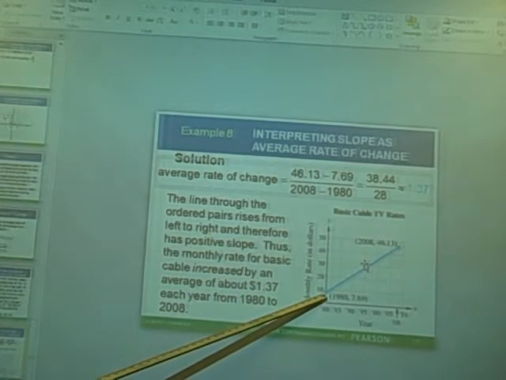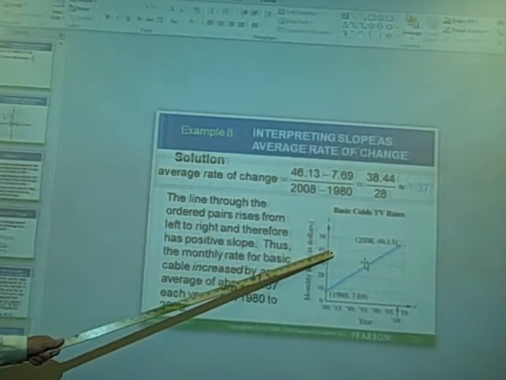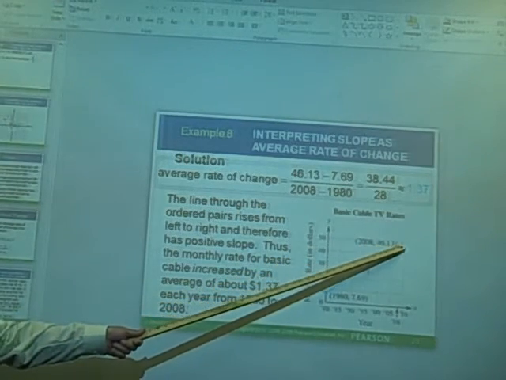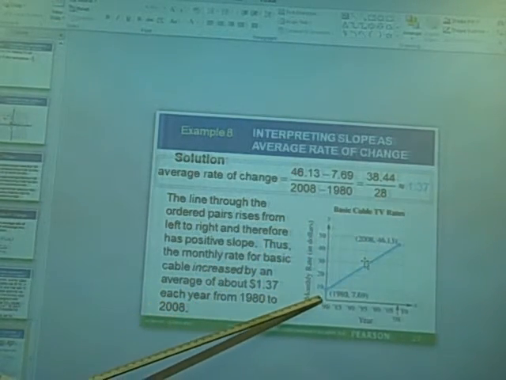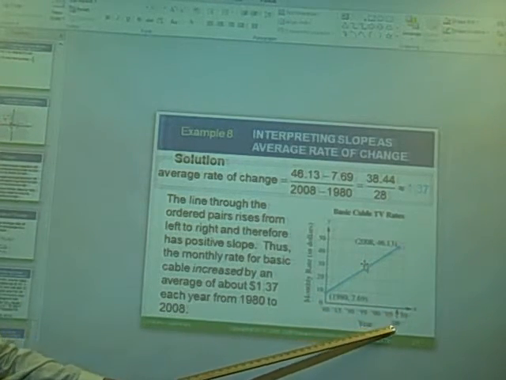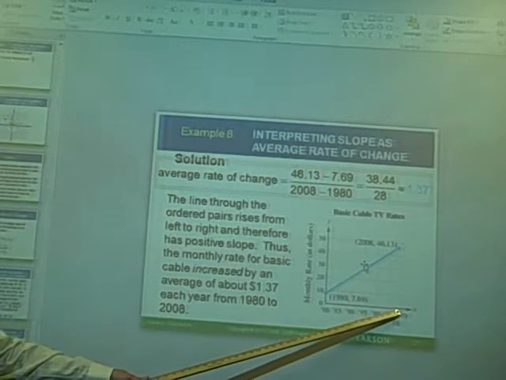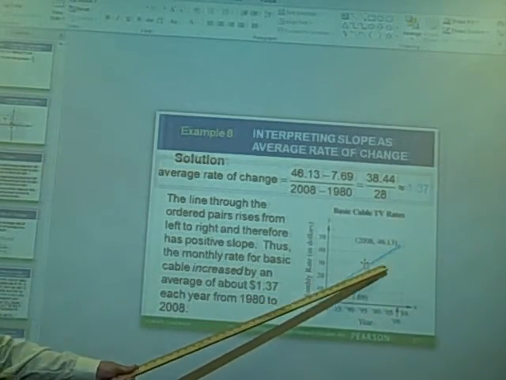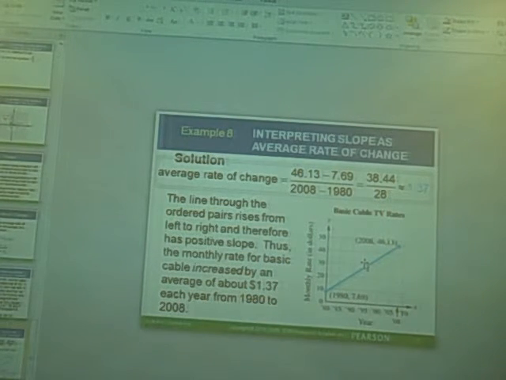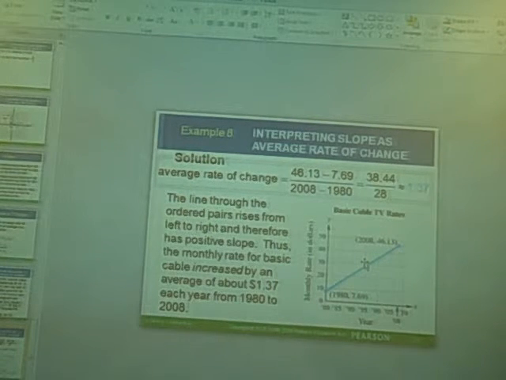Here's your $7.69. Here's $40, here's $50. So 46.13 is a little bit more than halfway between 40 and 50. And you've got 1980, and then 2005, 2010, so 2008 is a little bit past halfway. You see those 2 points on the graph. And so your average rate of change is $1.37 per year, a $1.37 per year increase. Okay?